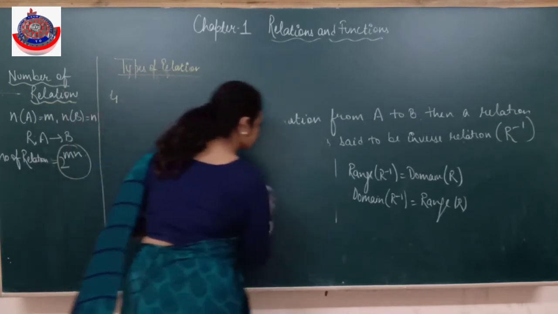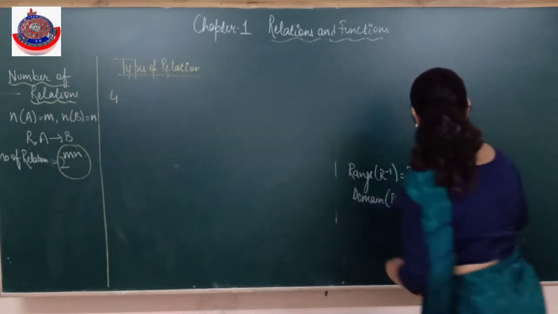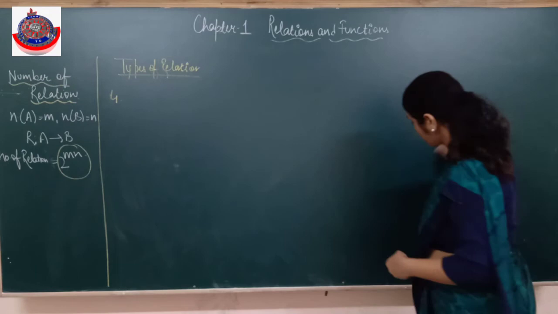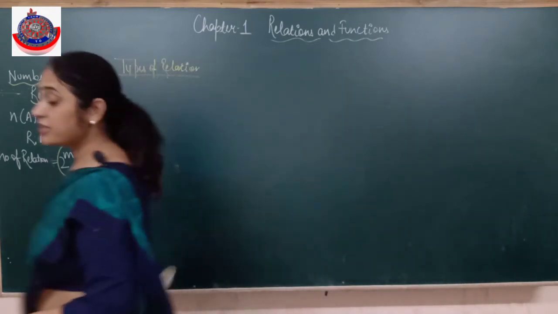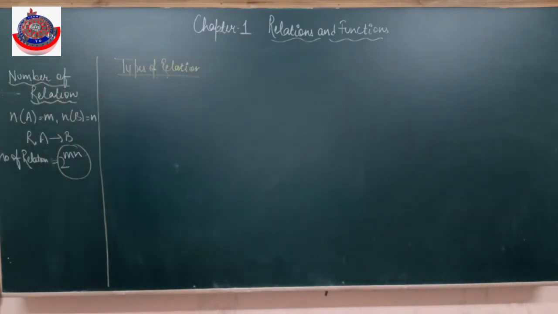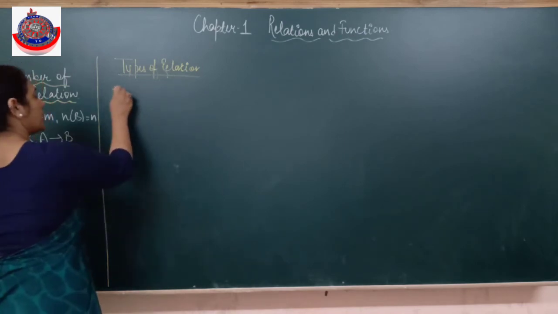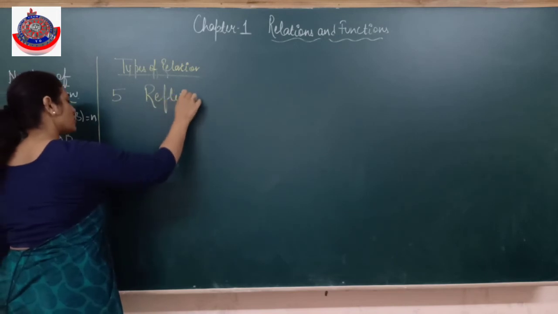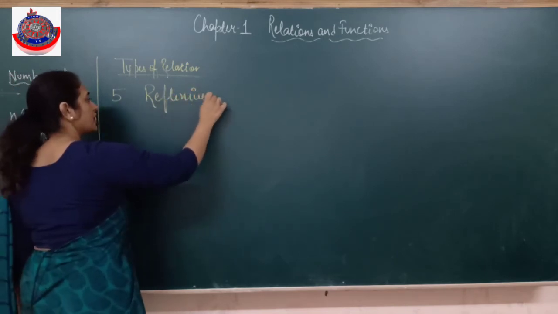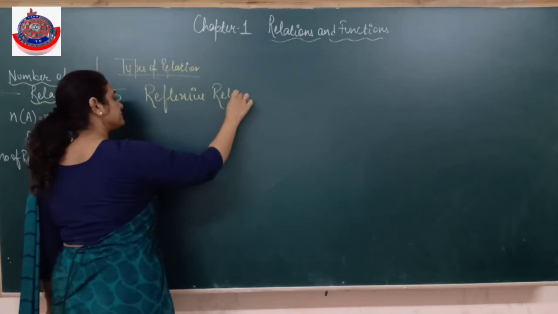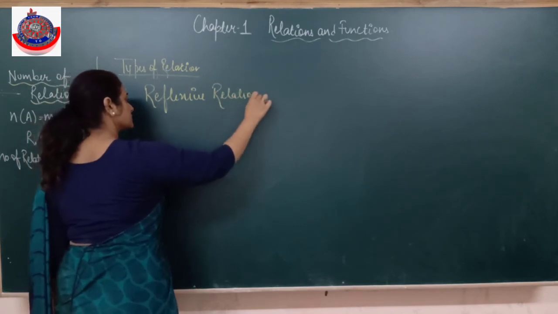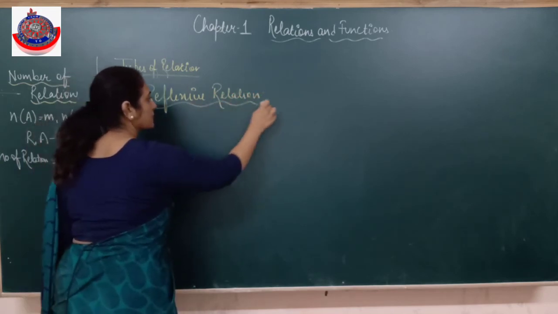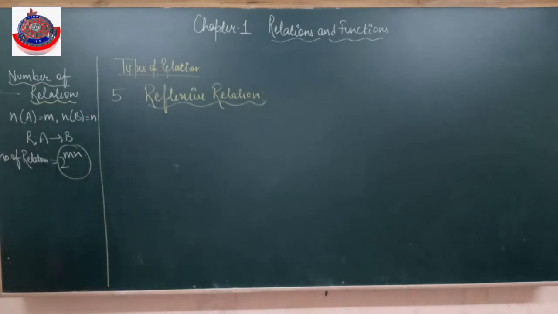Fifth is reflexive. Now these three relations which we are going to do are very, very important. The questions will be coming based on these. All the questions will be based on these. Reflexive relation.